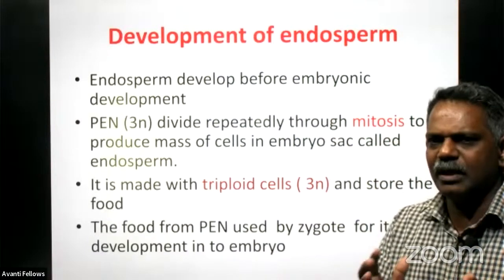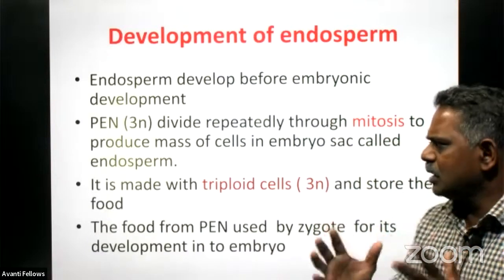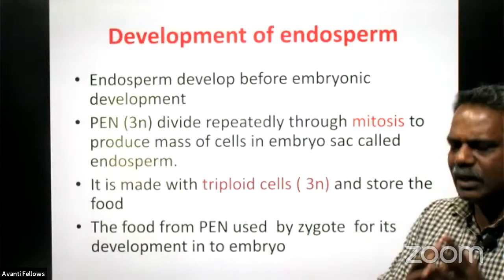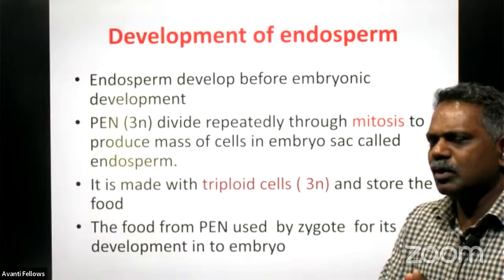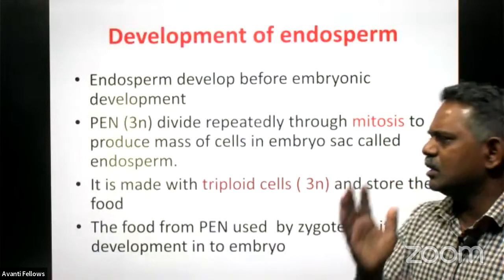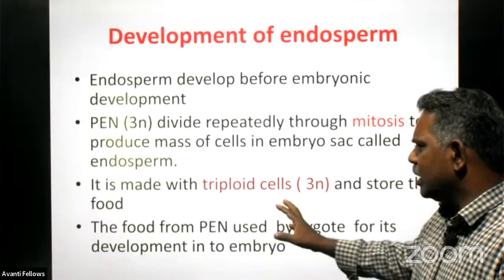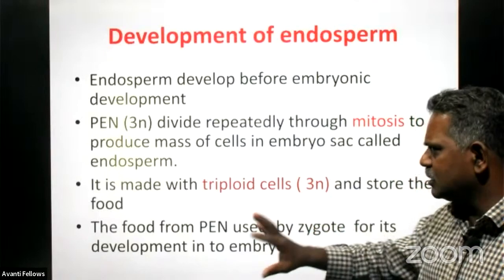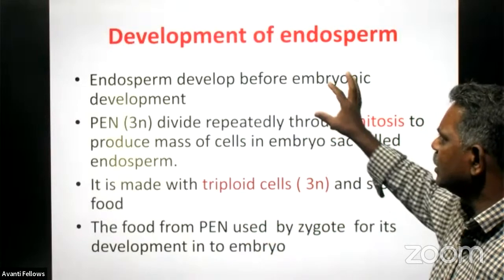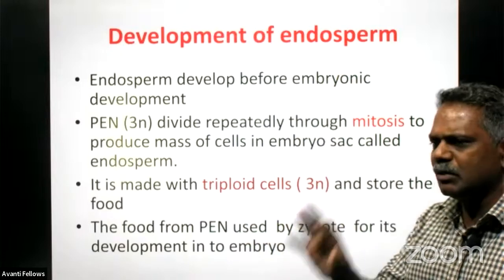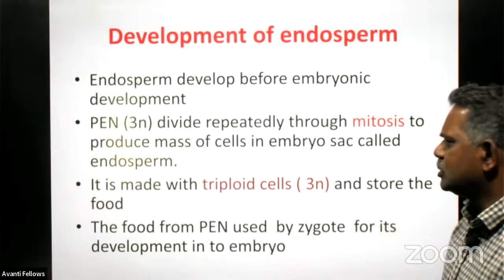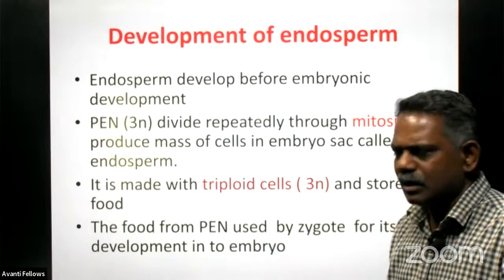At the center of the embryo sac, a mass of cells will be produced by this PEN, the primary endosperm nucleus, through repeated equational mitotic division. And this is made of triploid cells only. All the cells of the endosperm are triploid, and they store a lot of food material inside.